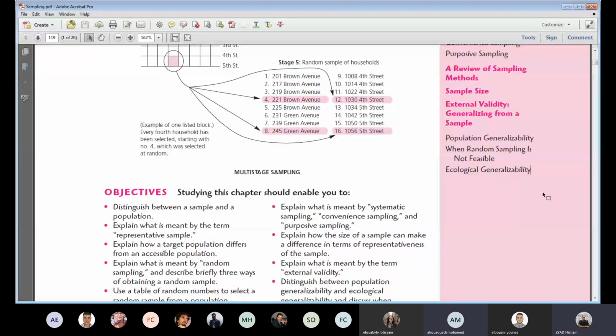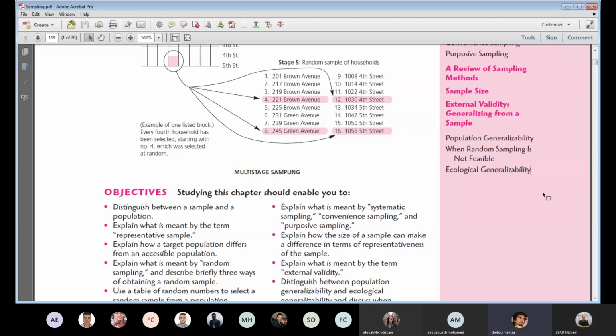Yes, sir. Did you want to say something? Sir? No, I have answered the question. You said, what do you mean by ecological generalizability? I said it's the ability to have the same results in different conditions, different geographical conditions. Okay, yes, good. What else?